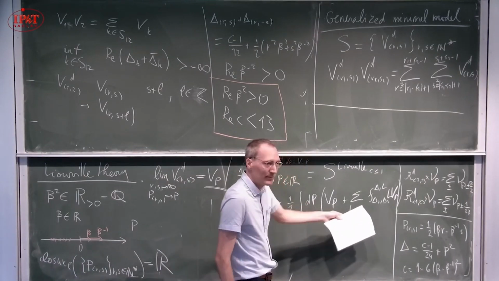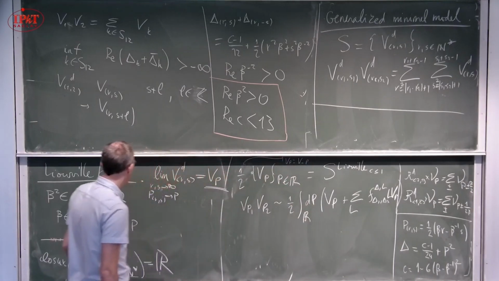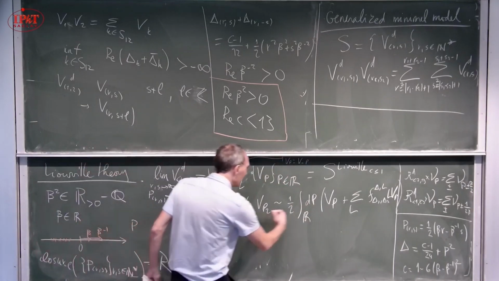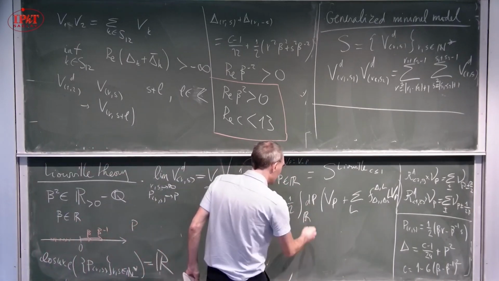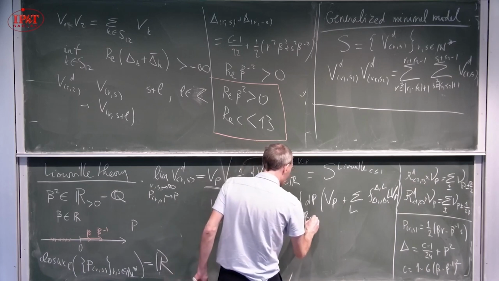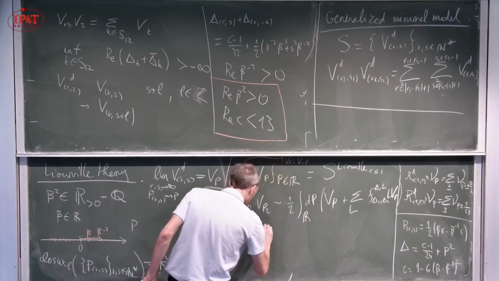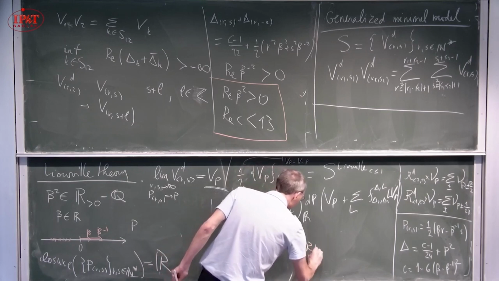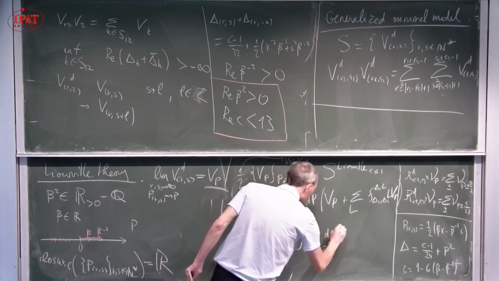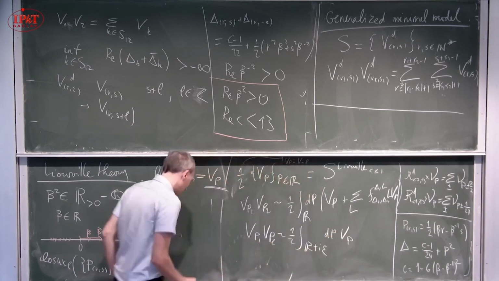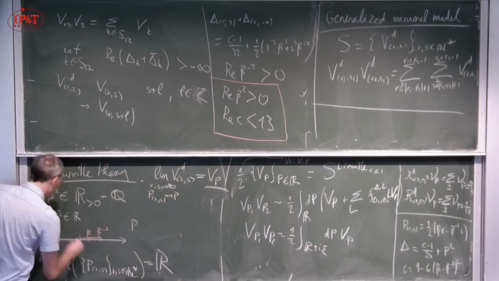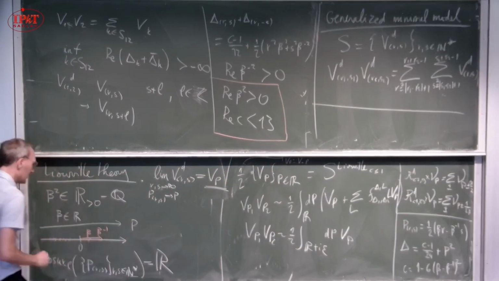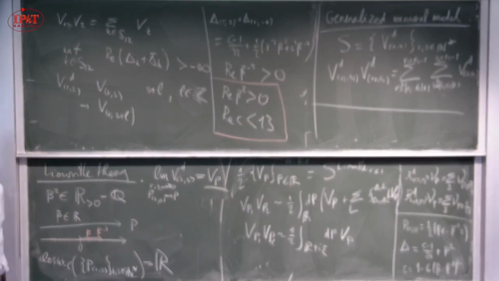coefficient, in this integral. And the trick then is that when I'm computing this OPE, I should actually shift the integration line. So VP1, VP2 is in fact the integral over 1/2 R plus I epsilon of VP. So the integration line will be this one now, and it will avoid all the singularities.